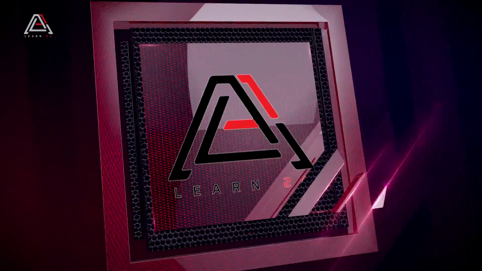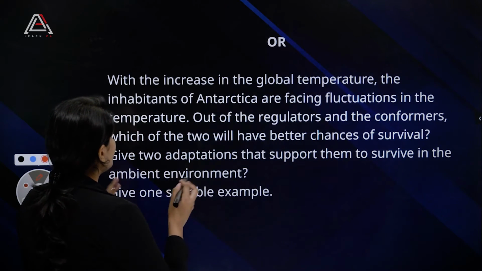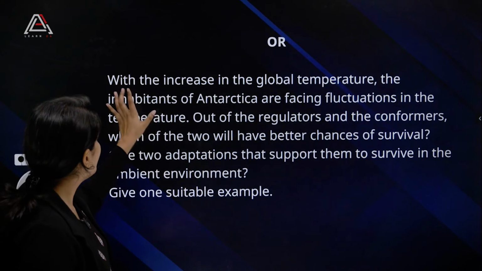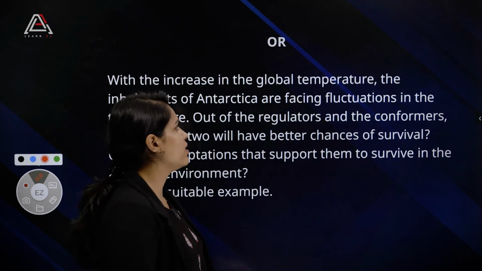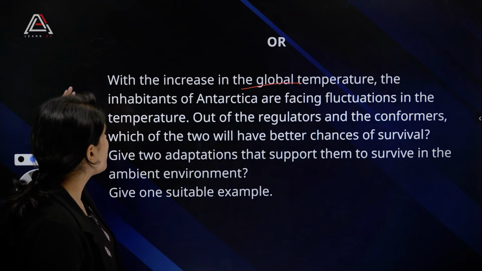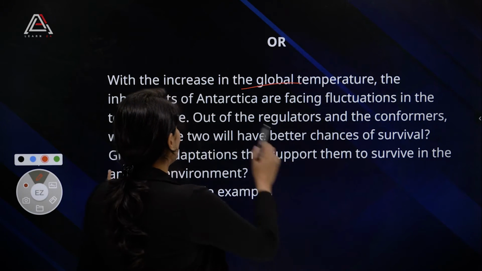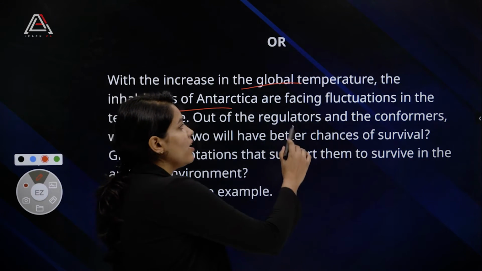Alright. Question 6 has an OR part. Okay, so let's try to understand this OR part. In this they are talking about the increase in global temperature, that is, the global temperature here is increasing. Okay, perfect, understood. Moving on, the inhabitants of Antarctica. What are they facing?